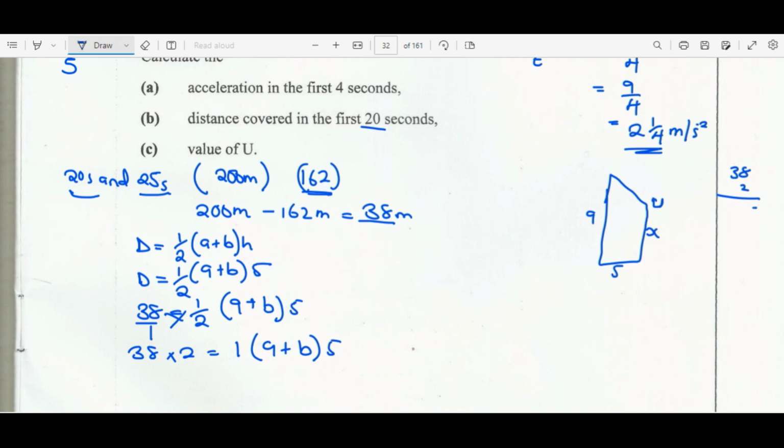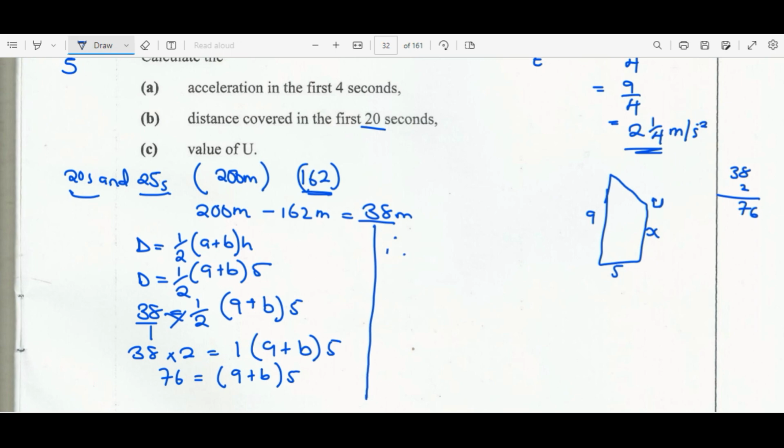So that is 16, and then 2 times 3, that is 6 plus 1, we're going to have 7, so 76. So we'd say 76 is equal to, so here we're going to have, because when we multiply everything by 1, we're going to have 9 plus b, and then therefore it's a continuation.